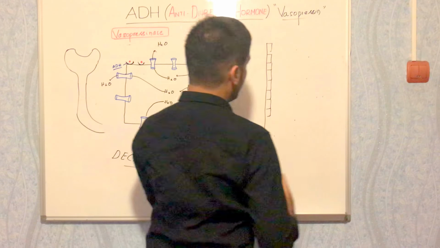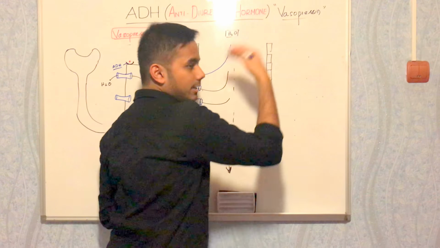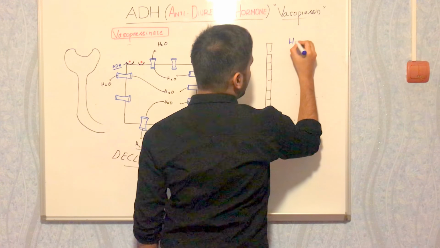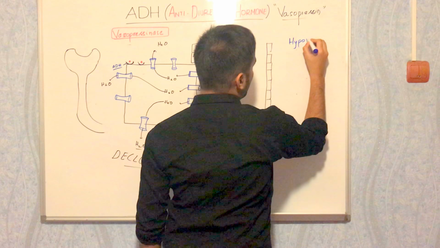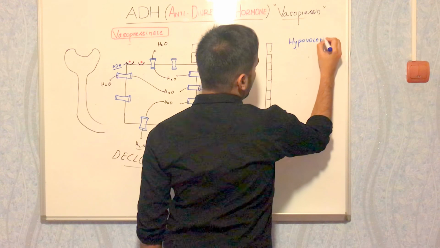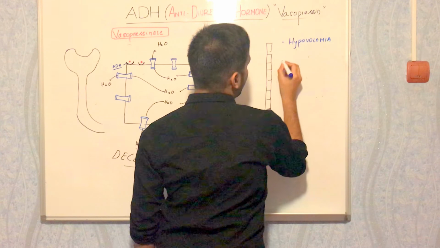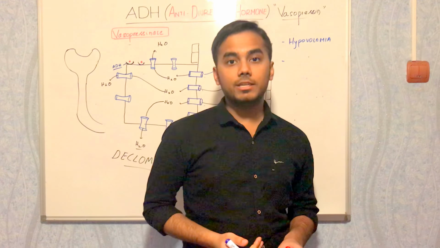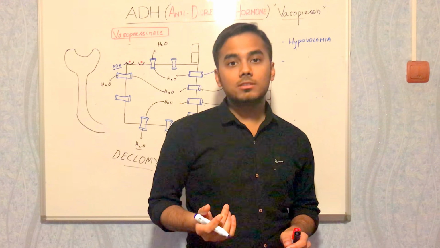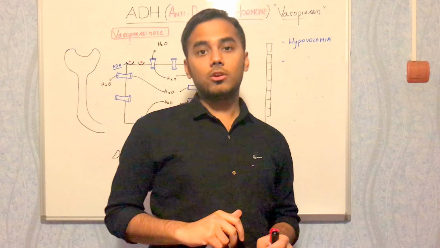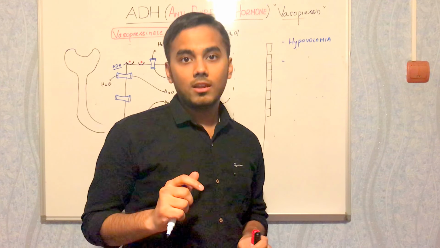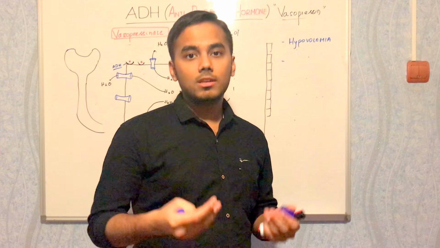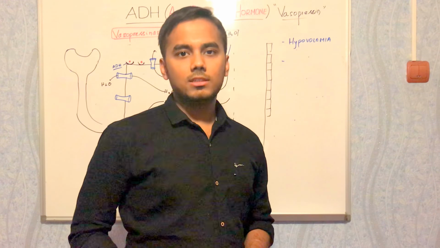If he is excreting lots and lots of water, there will be hypovolemia. Second, when there is a loss of water from his body, there will be dehydration. This causes the thirst center in your cortex to get activated, and the person feels thirsty.